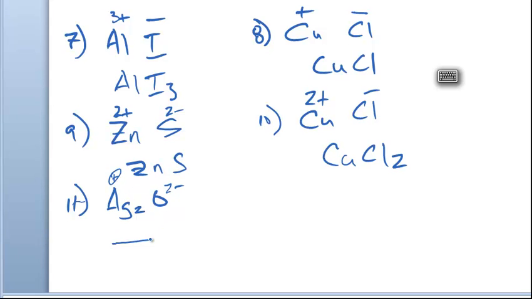One way to think of that in a graphical sense is, if this is the oxygen atom and it has a 2 minus charge, and we have 2 silver atoms, each with a single plus, it's going to take 2 of these guys to balance the -2 of the oxygen.